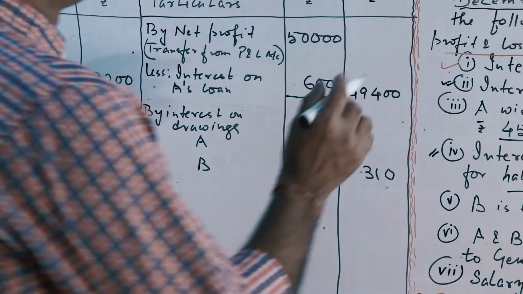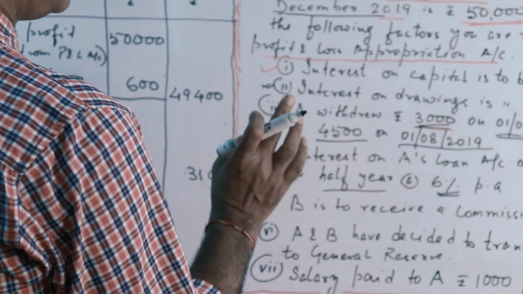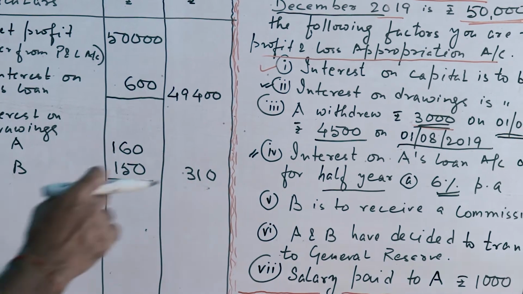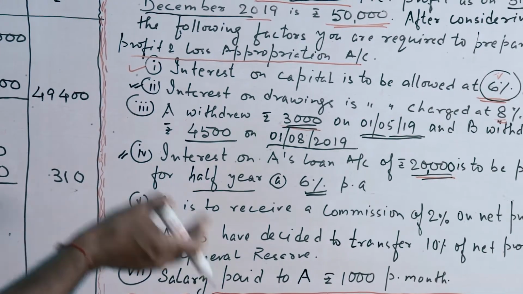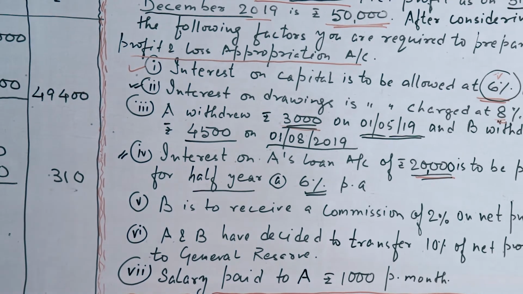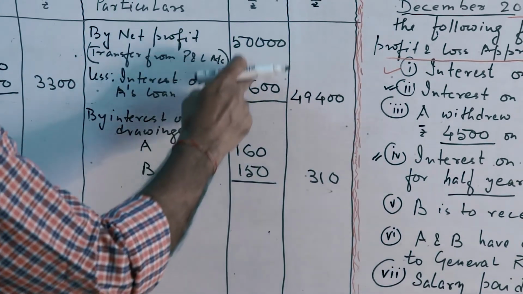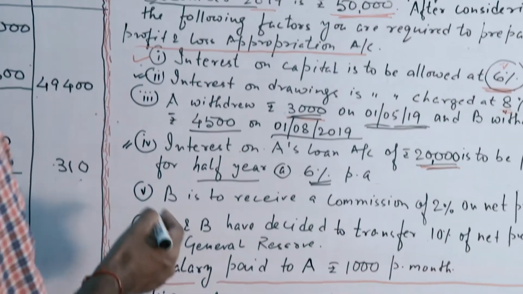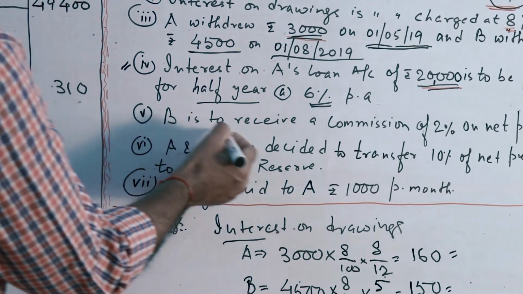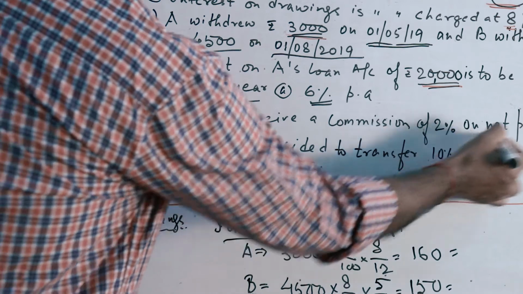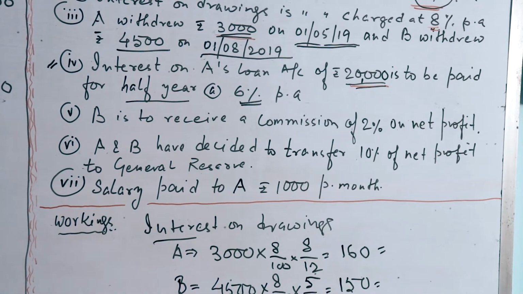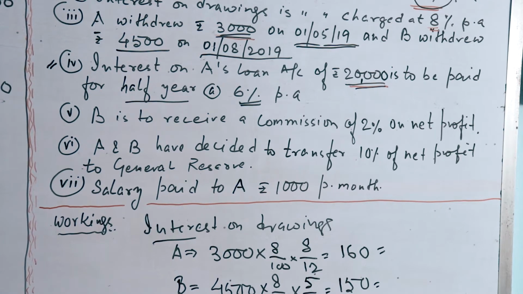Now interest on drawings भी हो गया है, लोन का कैलकुलेशन हम ऑलरेडी कर चुका है. इंटरेस्ट ऑन लोन कैलकुलेट करके जो अमाउंट आया था 600, that has been deducted from net profit. Next, B is to receive a commission of 2% on net profit. B will get a commission at the rate of 2% on net profit.